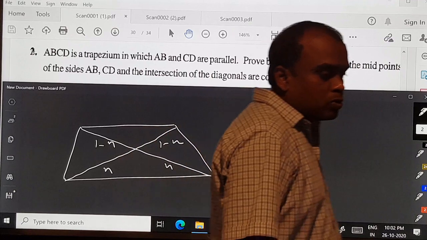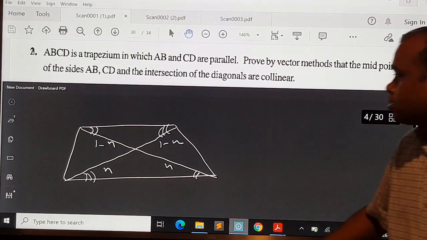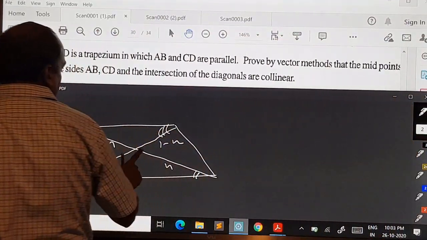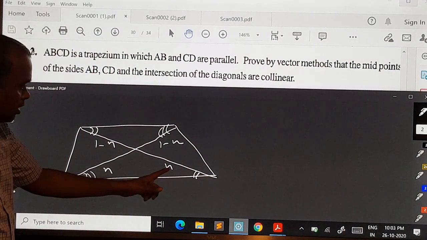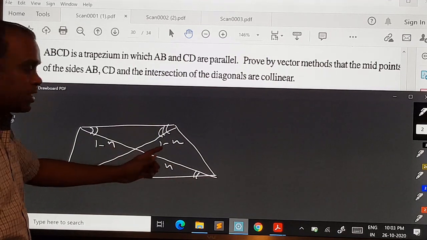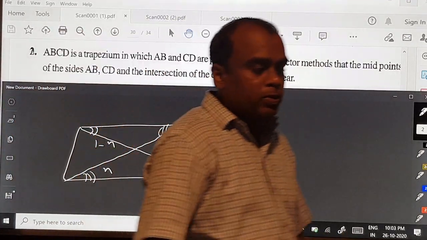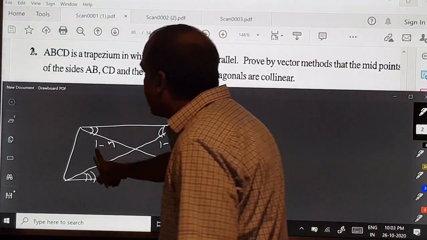I am assuming these two are parallel and therefore we have these angles equal and these angles equal. That means these other angles are also equal. That means these triangles are similar. Therefore, we have the ratio of the corresponding sides that is equal. We know that. And so, this fact is there in trapezium.